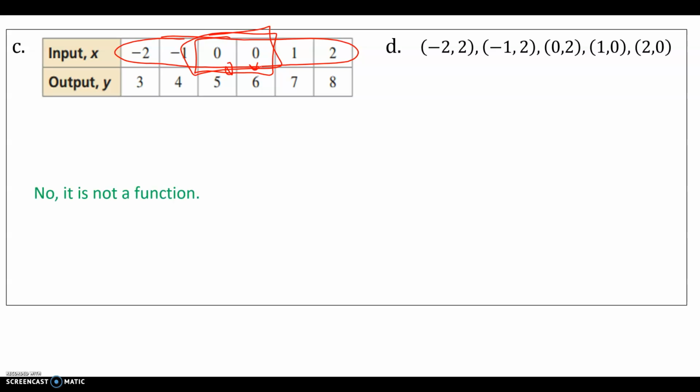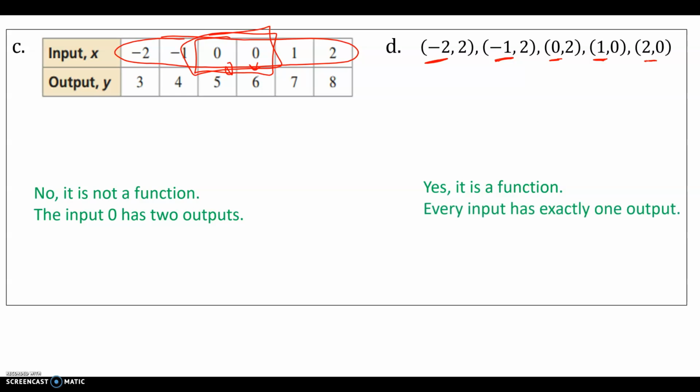So no, it is not a function because the input 0 has two outputs. Let's look at letter D. I see -2, -1, 0, 1, and 2. Oh, look, no repeats. So this is a function, and every input has exactly one output. Again, you need to memorize these words. You're going to use them in your big ideas assignment.